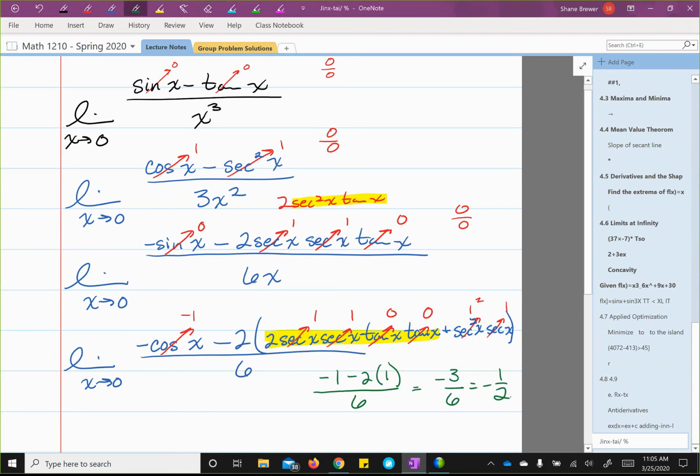So secant squared x for 0 equals 2? Secant is 1. Secant is 1, so secant squared is 1 squared, right? You're wondering where I got this 2 right here? That's from way back here. When we take the derivative of that secant squared for the first time.